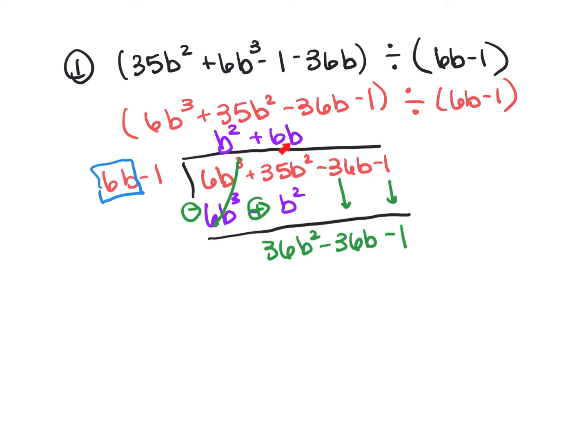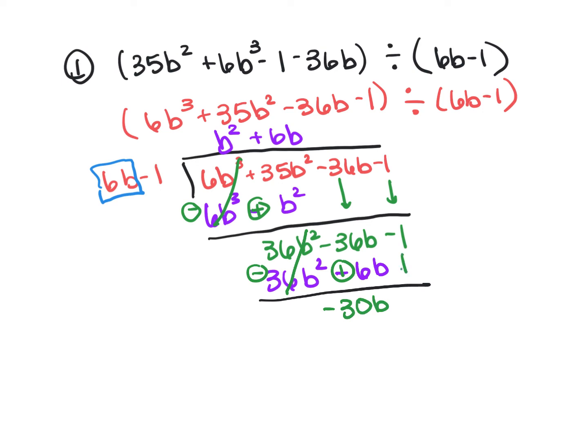And so again, 6b times 6b is 36b squared, and 6b times a negative 1 is a negative 6b. Again, we'll flip our signs. So this is a minus, this is a plus. So these will cancel, and you're left with 36b plus a negative 30b. Bring this down, minus 1.